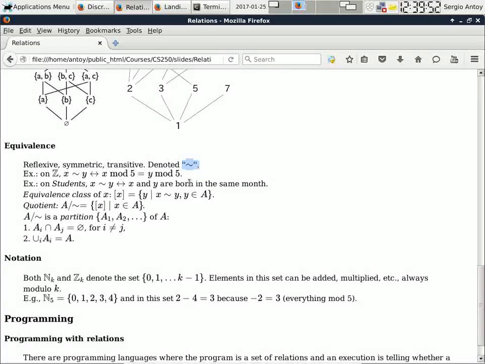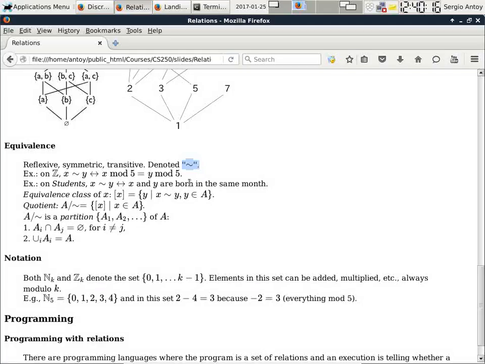Yes, I have the same color as myself, so it's reflexive. If I have the same color as you, you have the same color as me. So it's symmetric, and transitive again. If I have the same color as you and you have the same color as him, I have the same color as him. Right? So having the same color of hair is an equivalence.